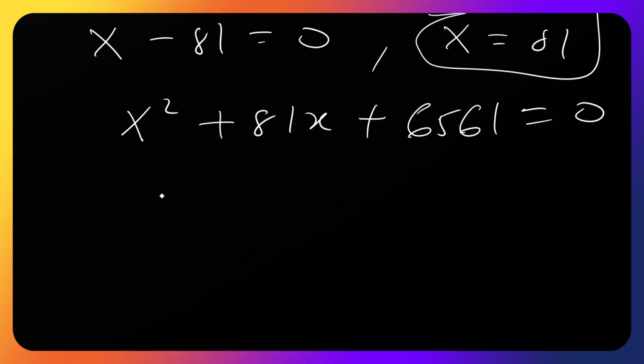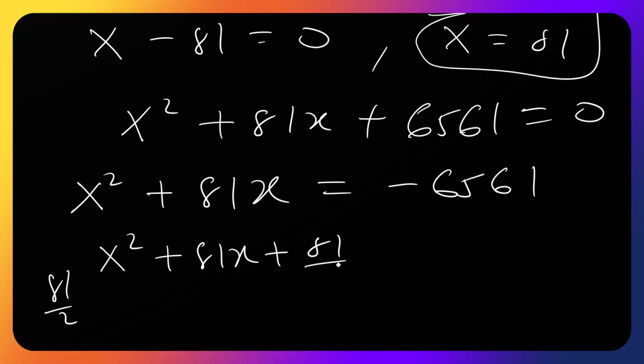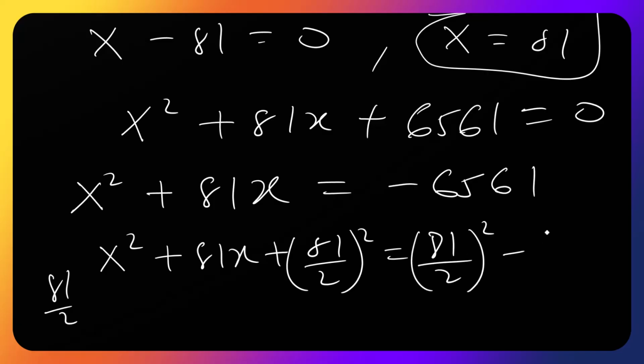Let's go by the method of completing the square. So x squared plus 81x equals minus 6561. Let's take half of 81, that will be 81 over 2. So we have x squared plus 81x plus 81 over 2 squared, equals 81 over 2 squared minus 6561.